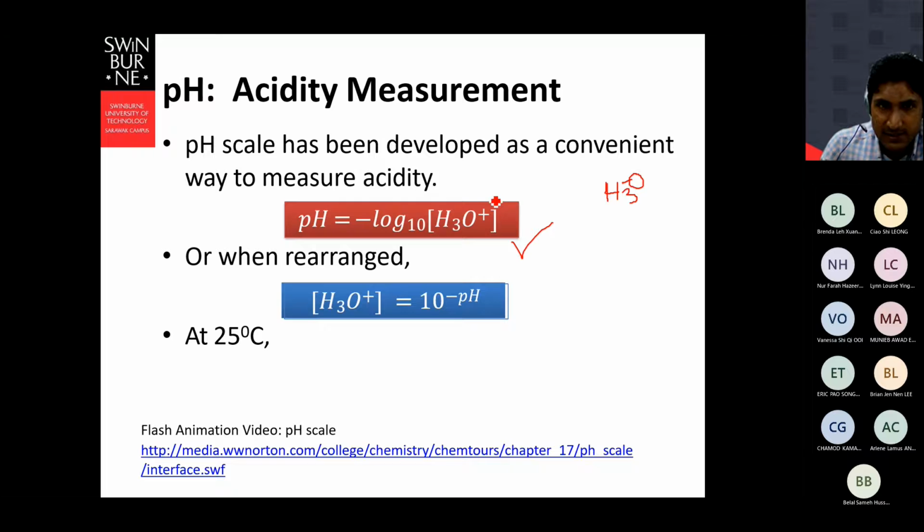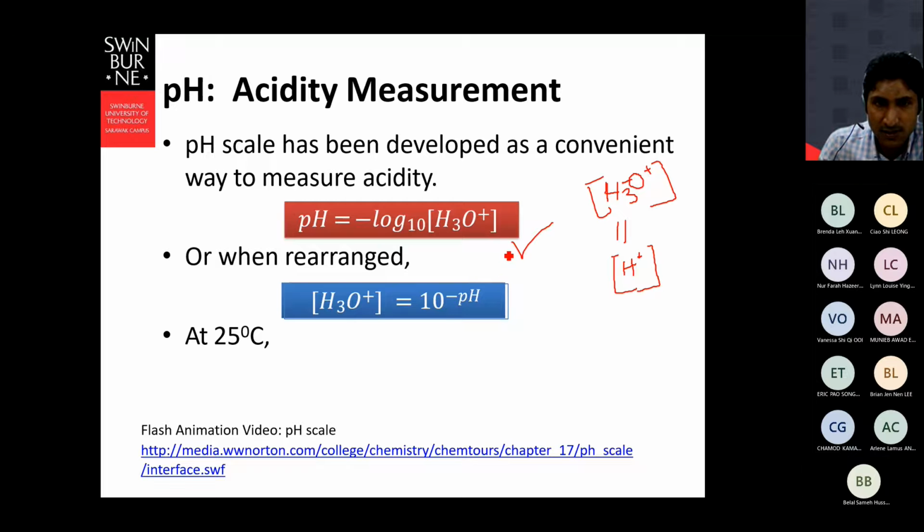Actually, in the water, it is in this form, hydronium ion and hydroxyl ion, but it takes time to write and also to call it hydronium ion. So sometimes we will just mention it as hydrogen ion or proton.